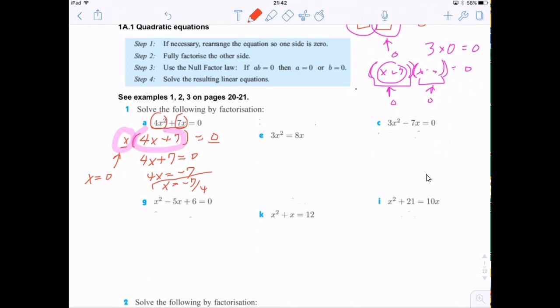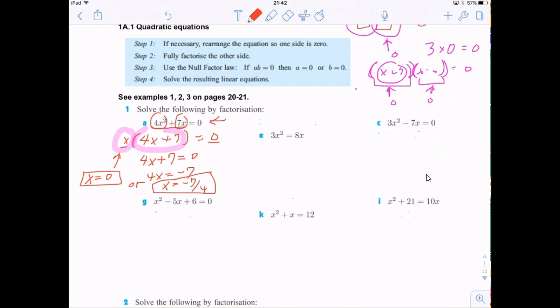So the two possible solutions to make this statement true are x equals 0 or x equals negative 7/4. Obviously they can't both be true at the same time. Either it's going to be x equals 0 or x equals negative 7/4. It can't be both, right? Okay, let's move on.